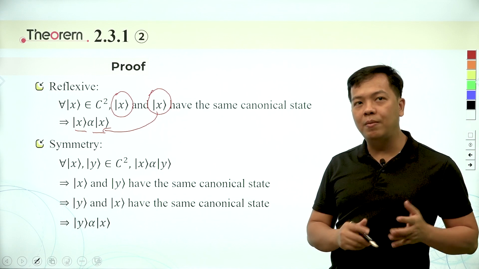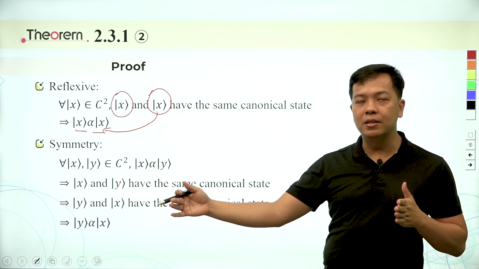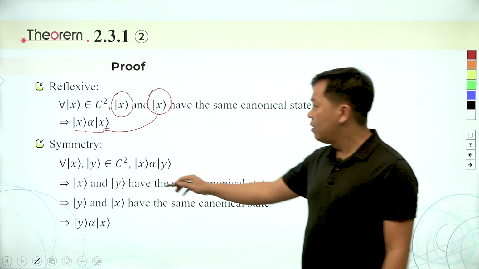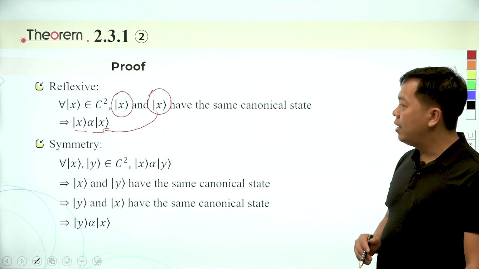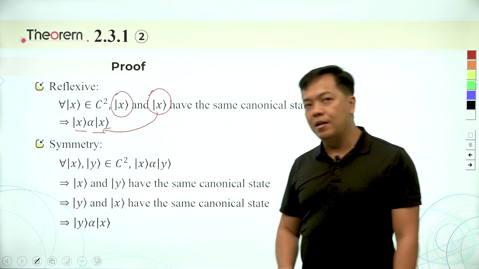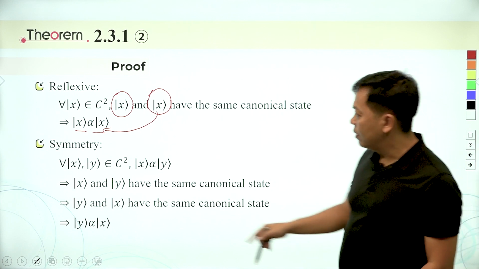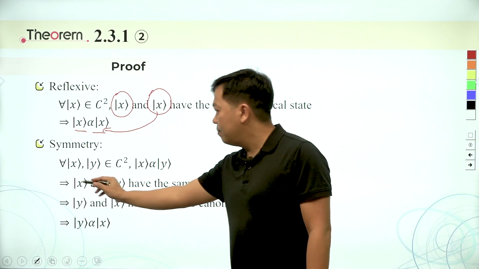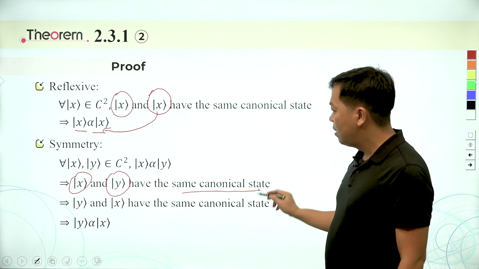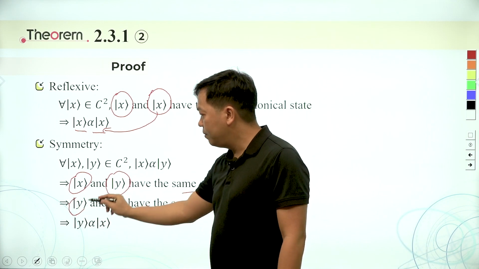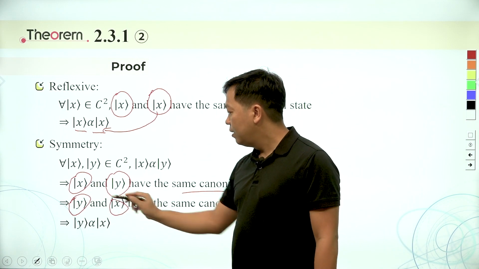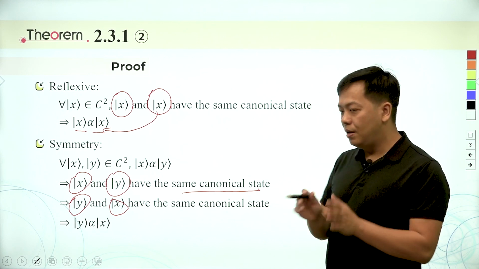If you do transform it by yourself, that means the zero version will be transformed too. The other property is symmetry. If quantum vector x and quantum vector y have the same canonical state, then in the reverse way, quantum vector y and quantum vector x have the same canonical state.